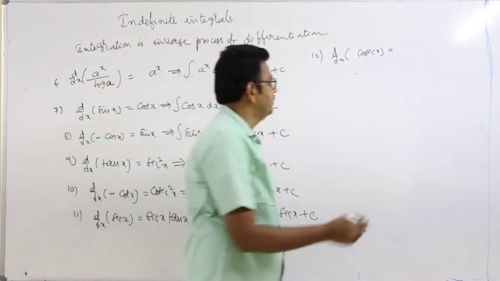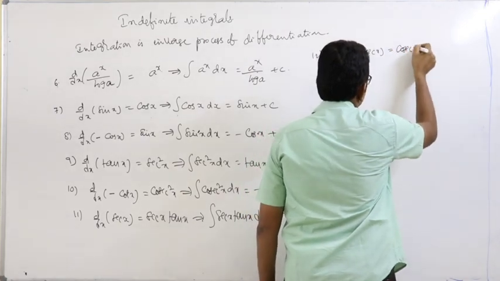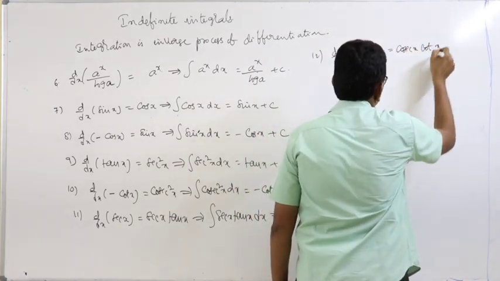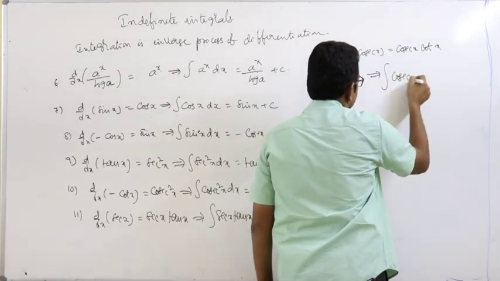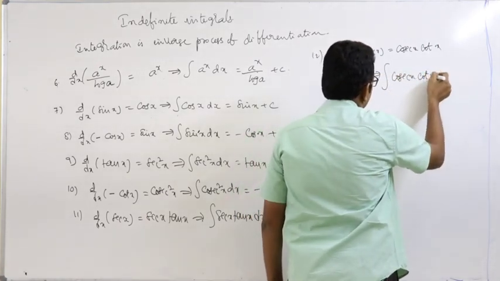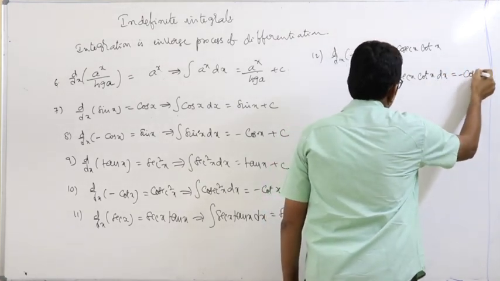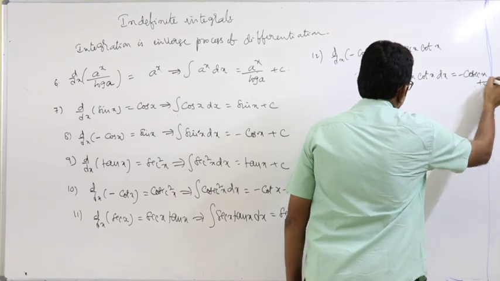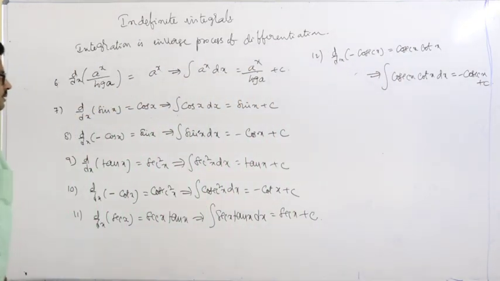So the derivative of minus cosecant x is equal to cosecant x into cot x. This implies the integral of cosecant x into cot x dx is equal to minus cosecant x plus c.